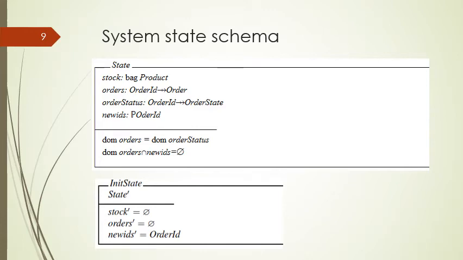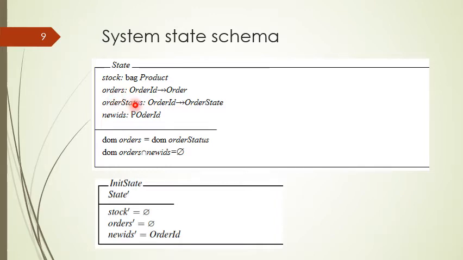Students, we used schema stock to introduce state variable stock, and we used another schema to introduce two state variables, orders and order status.